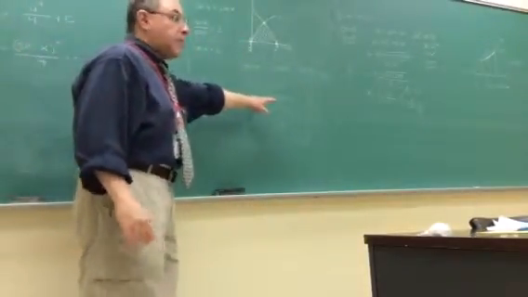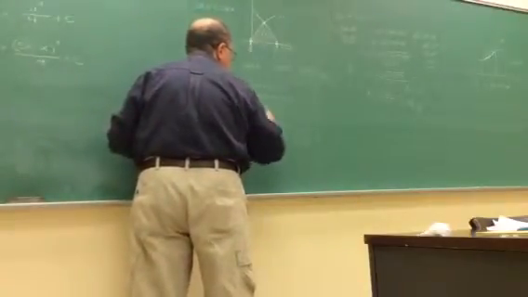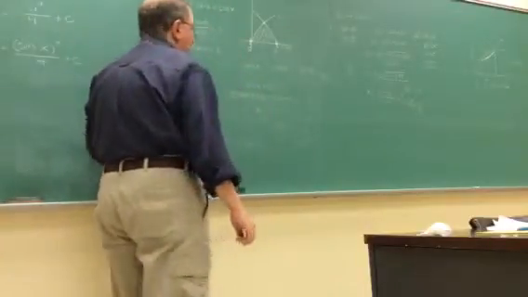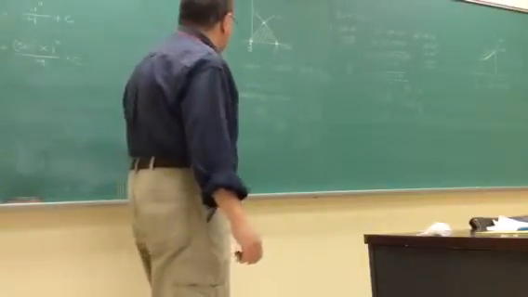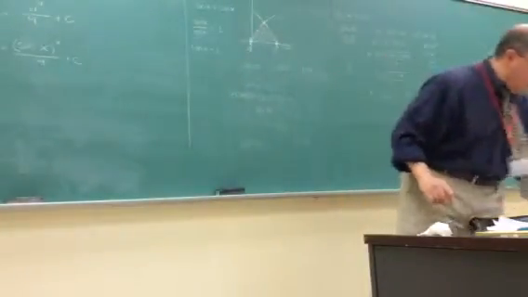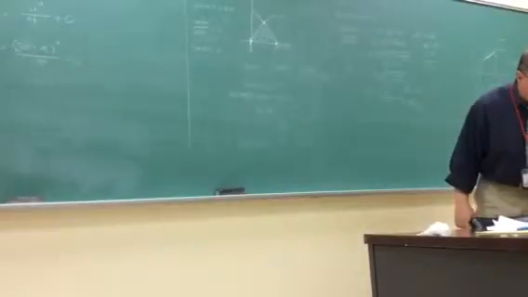Okay, I took the arc sine of both sides. Inverse trig functions cancel each other out. That gives me x equals, and the arc sine of 0 is 0. You know, if you key that in on your calculator, let's shift sine.